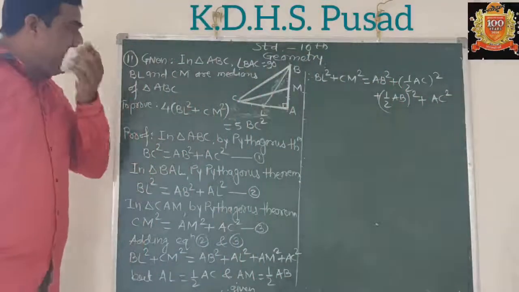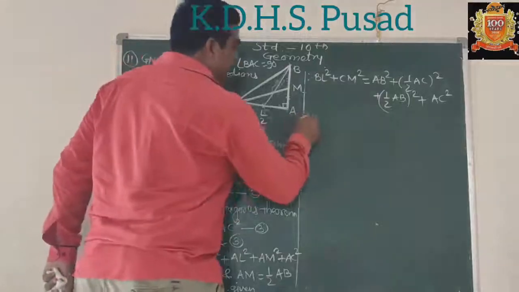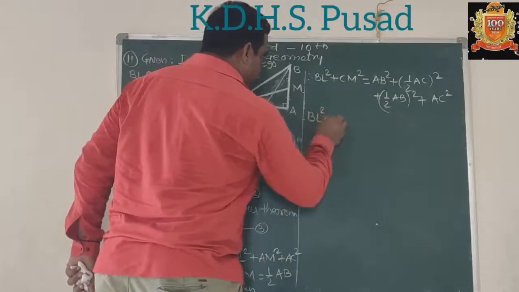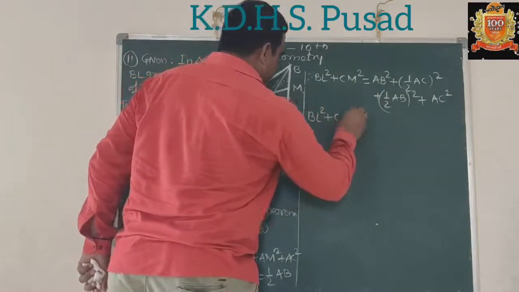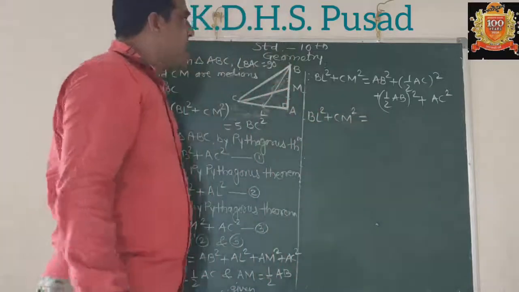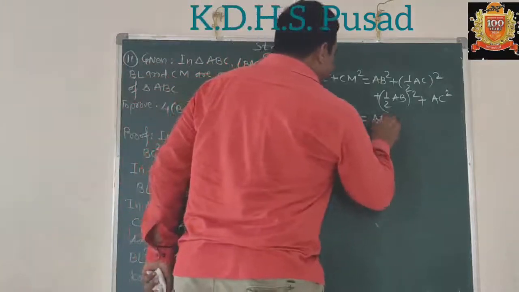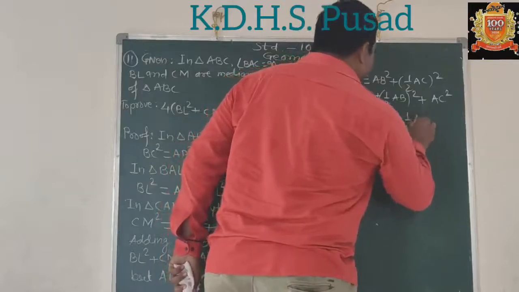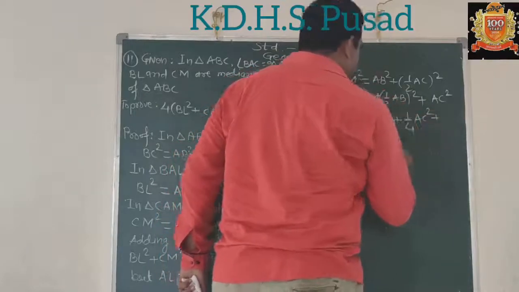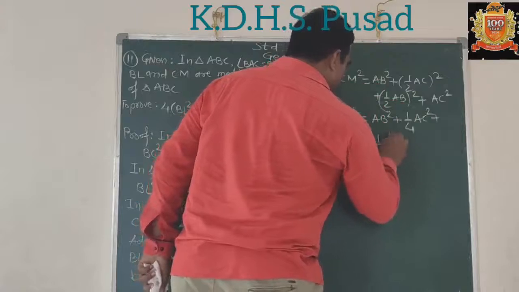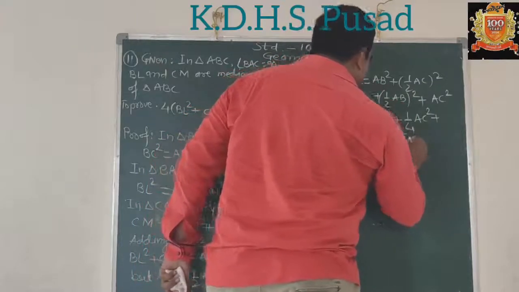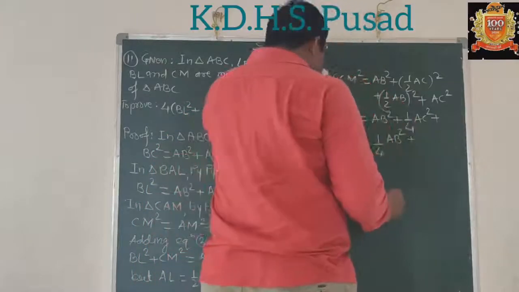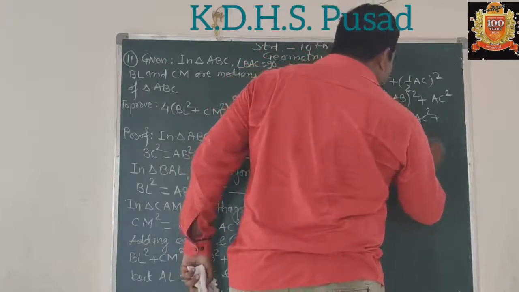By putting these values, you get BL square plus CM square is equal to AB square plus 1 by 4 AC square plus 1 by 4 AB square plus AC square.